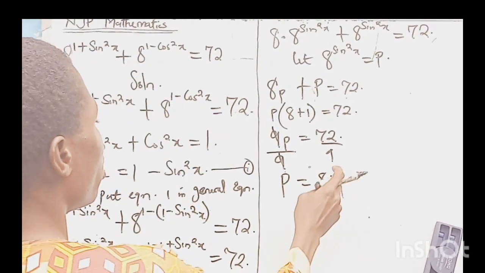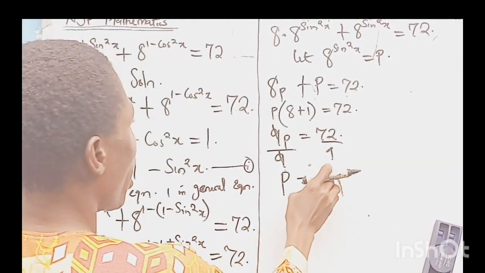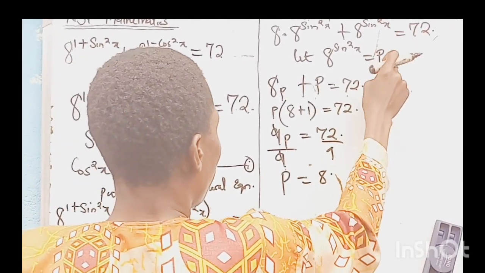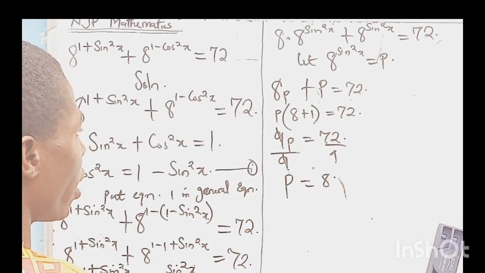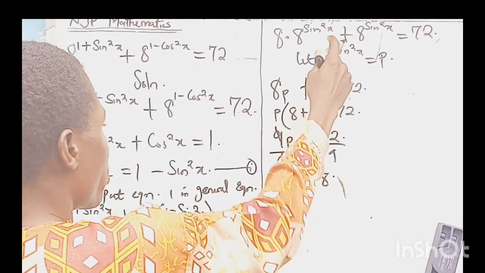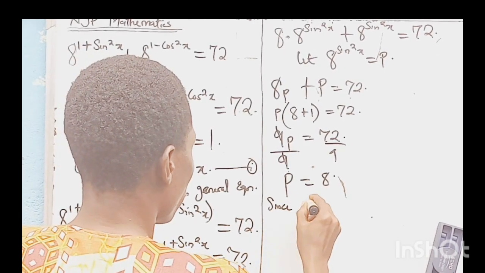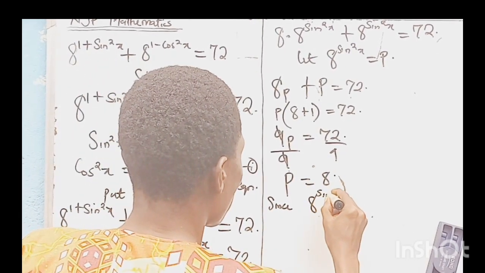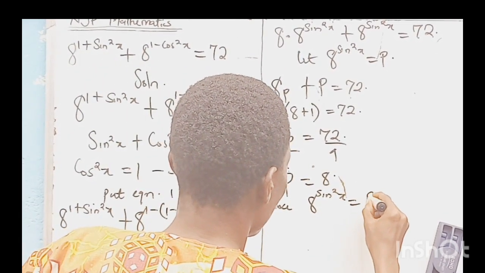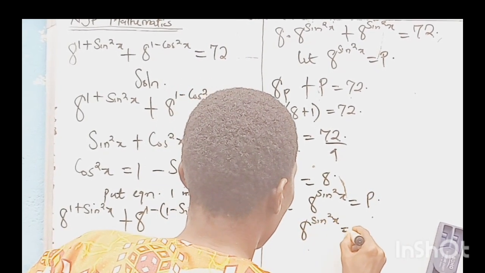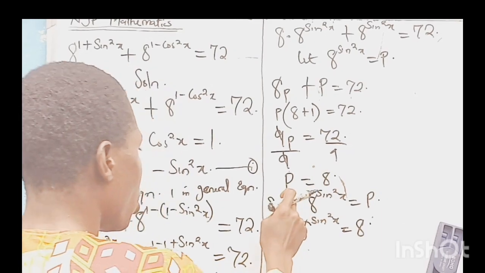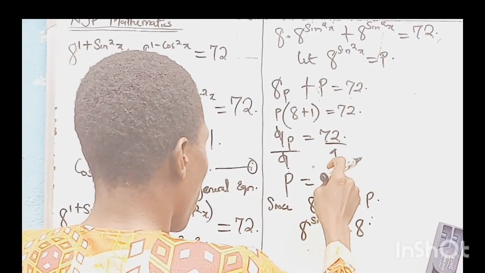So we have determined the value of p, that is equal to 8 raised to the power of sine square x. So since 8 raised to the power of sine square x equals p, that means 8 raised to the power of sine square x equals 8, because p is the same thing as 8.